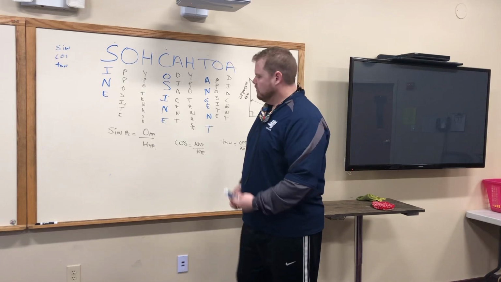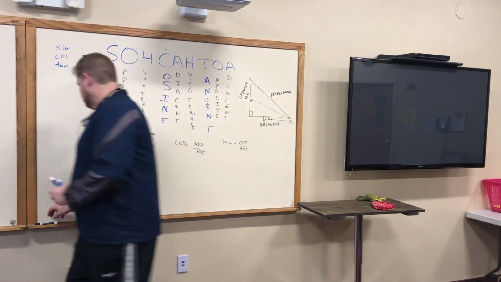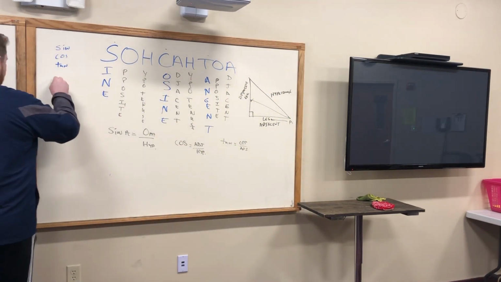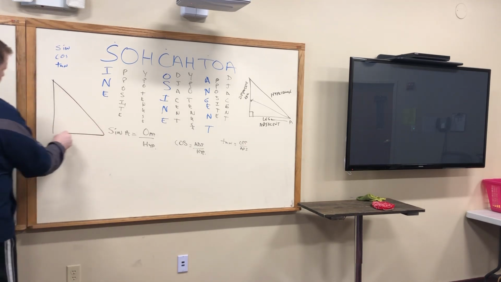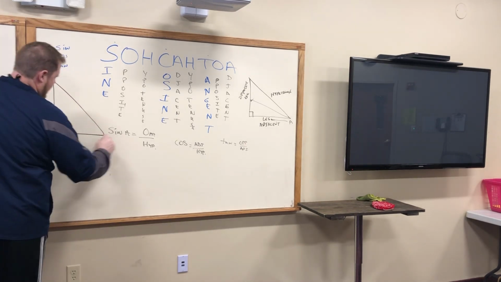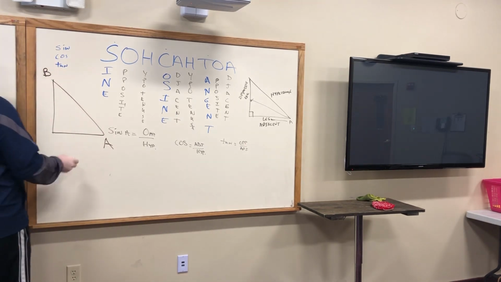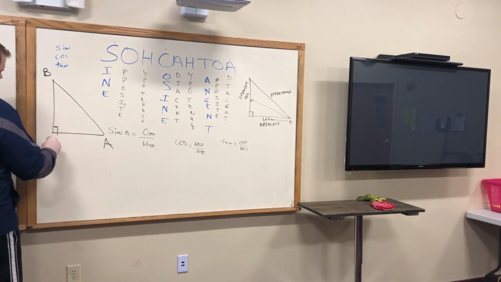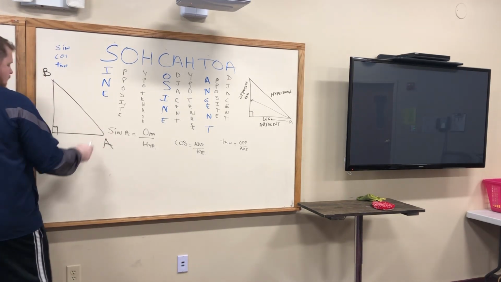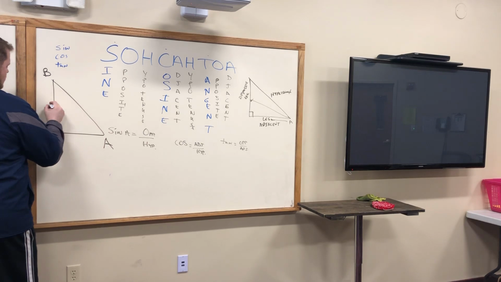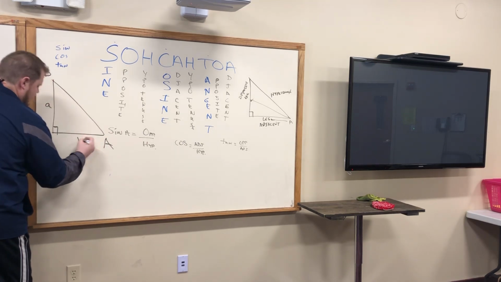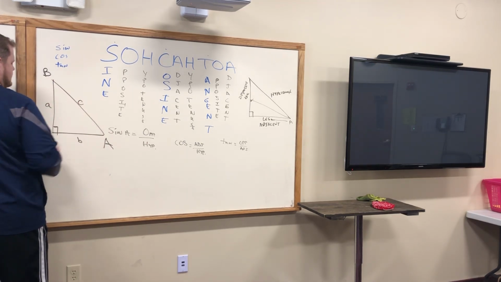So when we're looking at a triangle, if I take this triangle here, this is angle A, and this is angle B, and then this would be angle C. And we'll do lowercase a, lowercase b, and c for the sides.